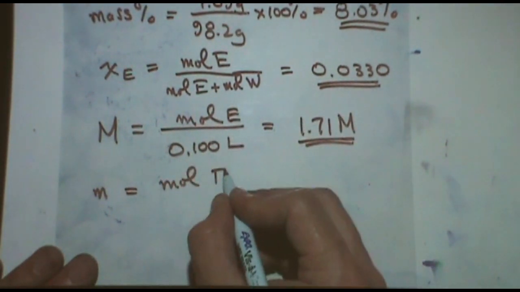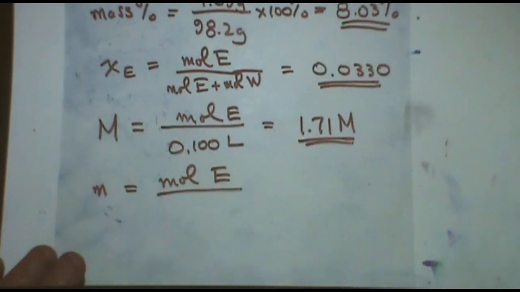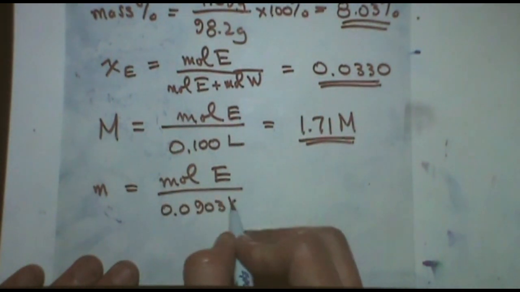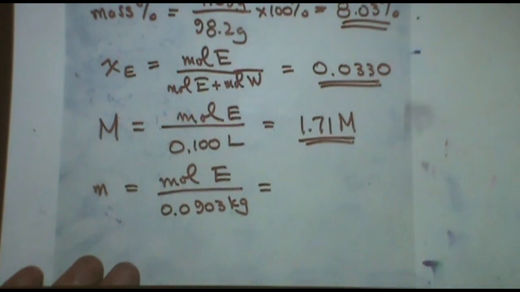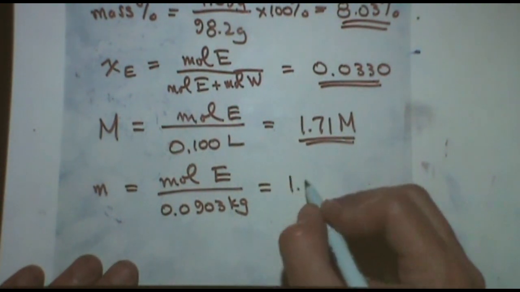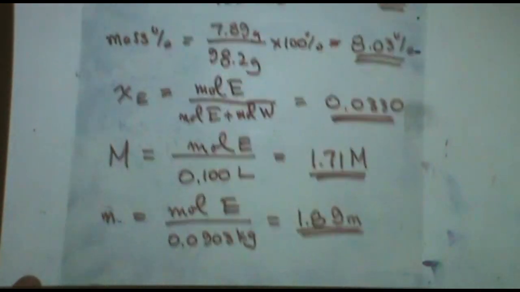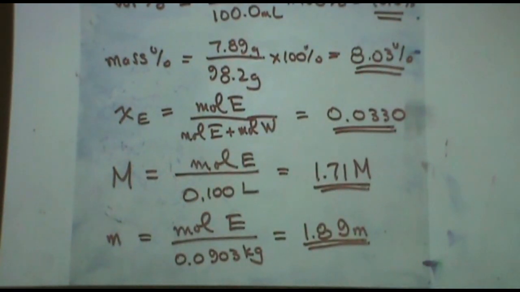That's the moles of ethanol divided by what? The kilograms of the solvent, that'd be kilograms of water. That was 90.3 grams, and I got 1.89 molal out. Okay, I'll give you a moment to process that.